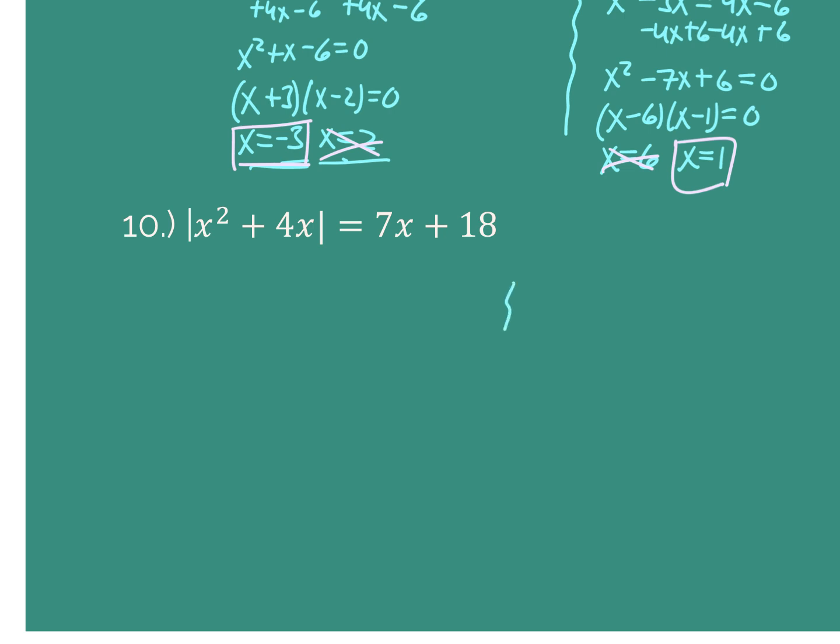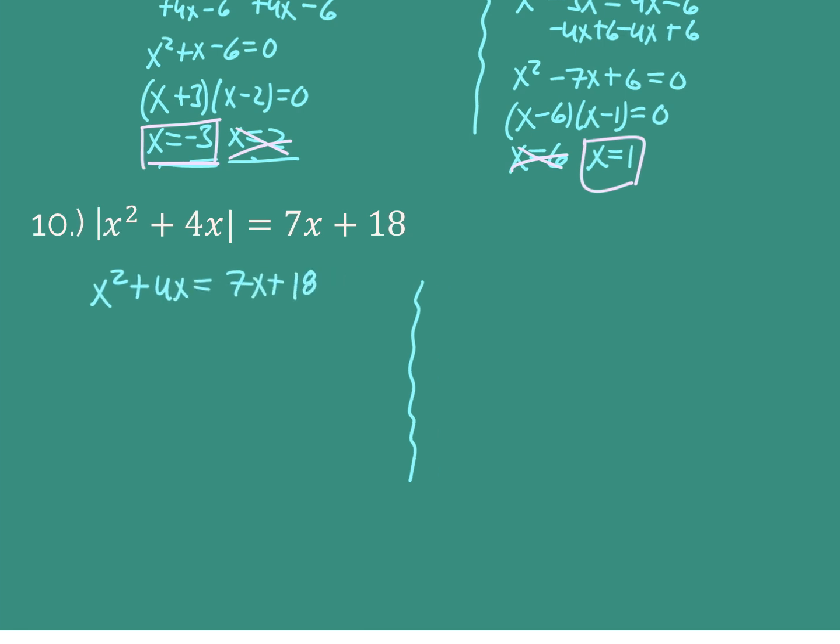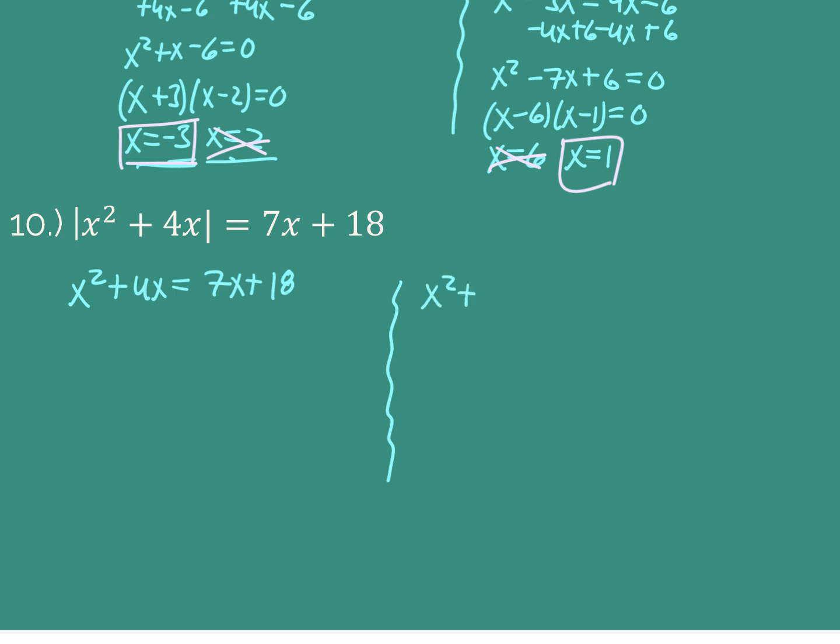Again, I'm going to split this up into 2 equations. I'm going to get x squared plus 4x equals the original, so 7x plus 18. And then I'm going to get x squared plus 4x equals the opposite of my original, so -(7x plus 18). Then I can distribute that negative.